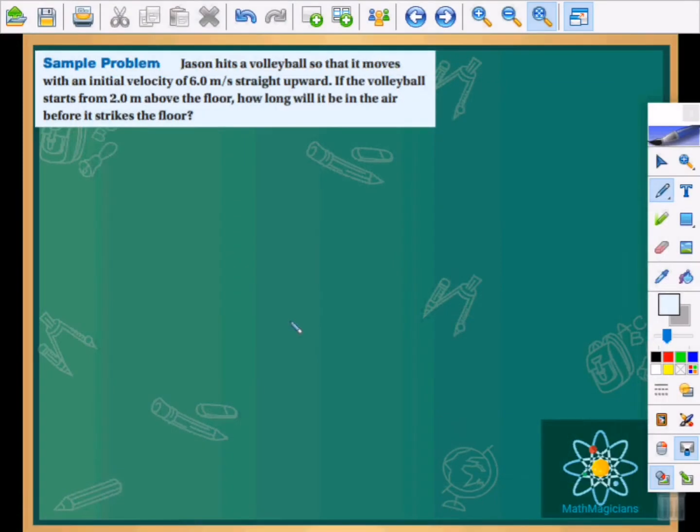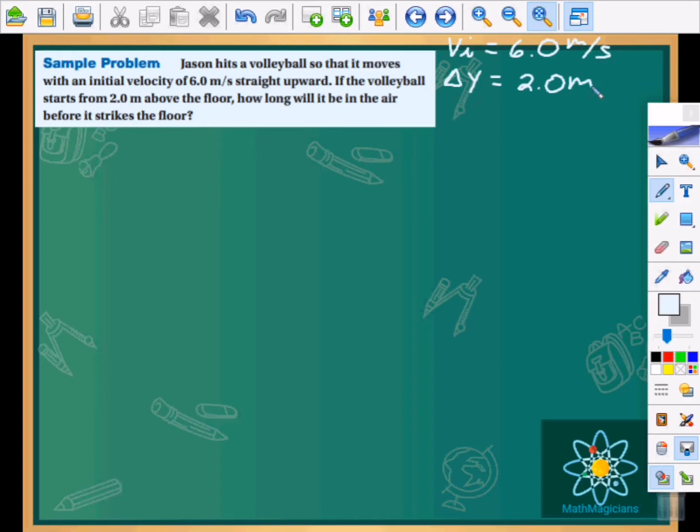We have our sample problem. Jason hits a volleyball so that it moves with an initial velocity of 6.0 meters per second straight upward. The initial velocity is given, and it says that it's 6.0 meters per second. If the volleyball starts from 2.0 meters above the floor, your displacement in y is 2.0 meters.